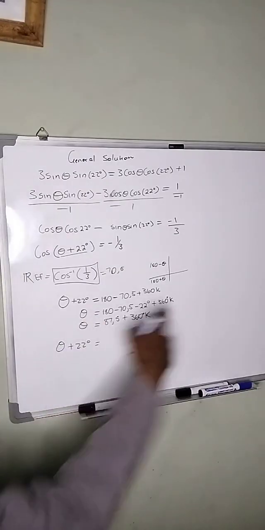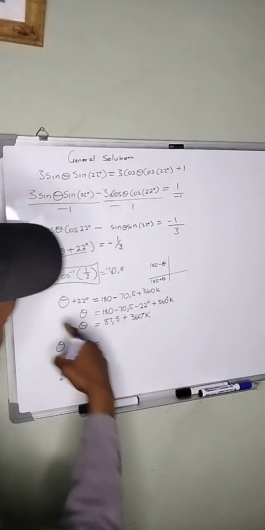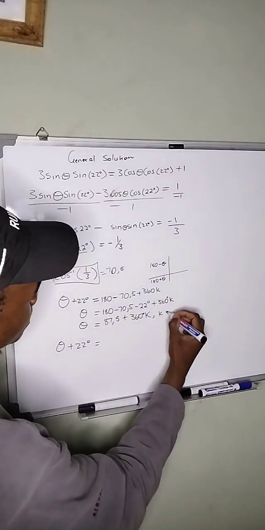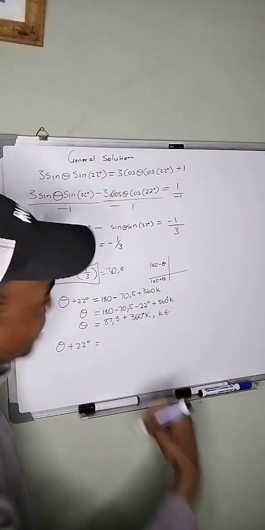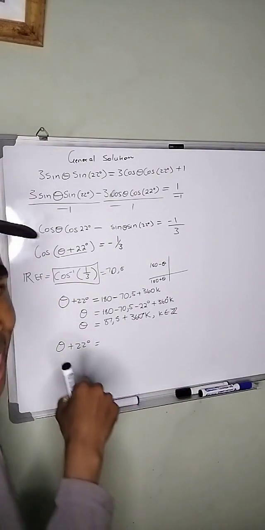We are going to do the same thing that we did on the first general solution. Oh, k is an element of integers. Now I'm the one who's forgetting it. K is an element of integers, right?